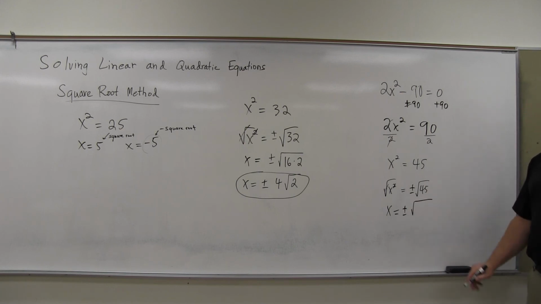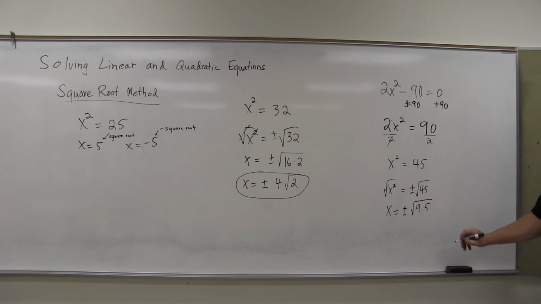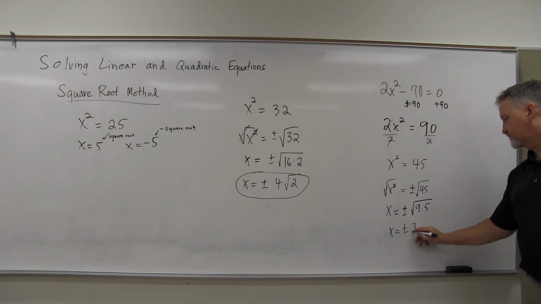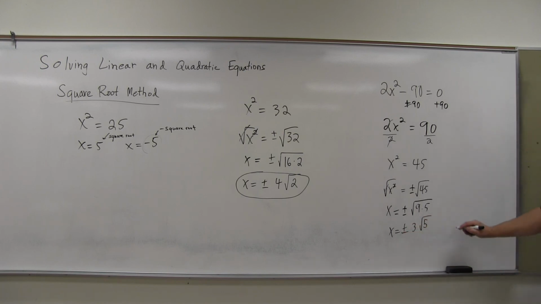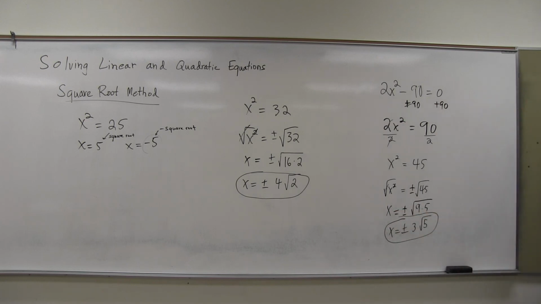Let's look for perfect square factors. 4 is not, but 9 is a factor there, so I think that will work. So it'd be plus or minus the square root of 9, which is 3, and then the square root of 5. Okay? Plus or minus 3 times the square root of 5.